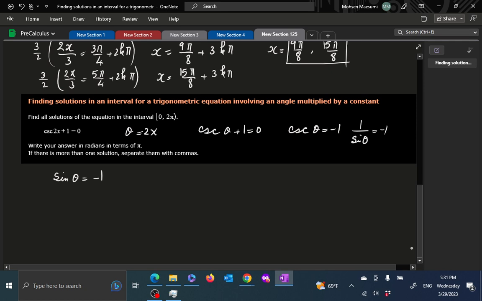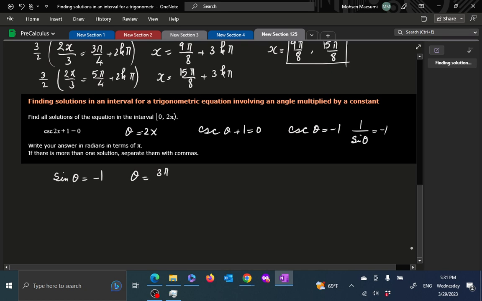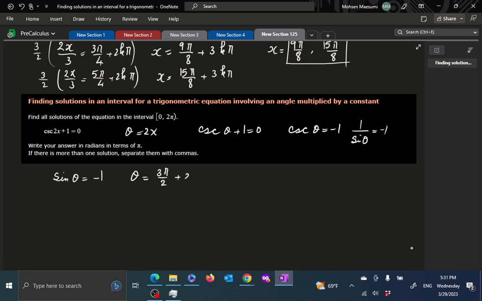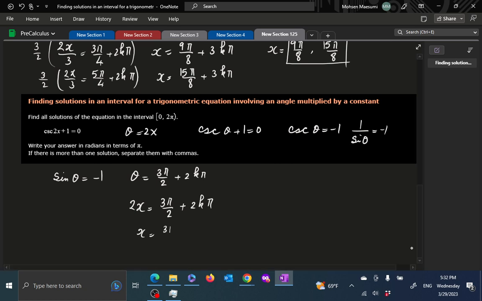Sine of theta has to be minus 1, which means that theta has to be 3 pi over 2, and then any multiple of 2 pi can be added to it. Now we go back to the fact that theta is 2x, so 2x is 3 pi over 2 plus 2k pi, divide by 2, so this becomes x equals 3 pi over 4 plus k pi.